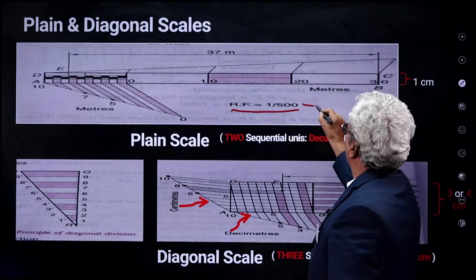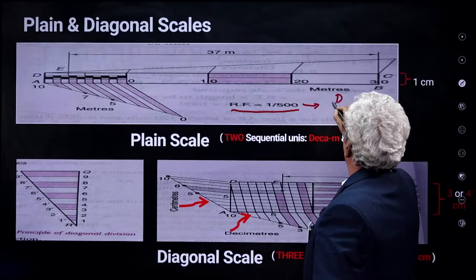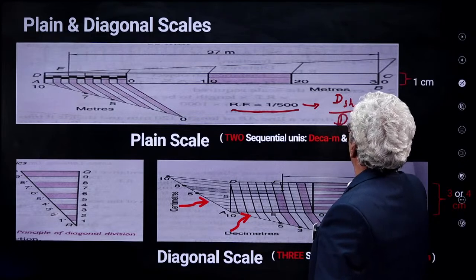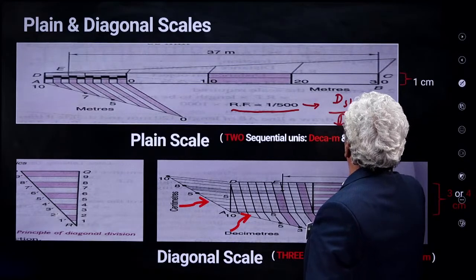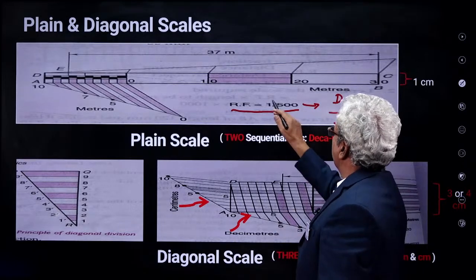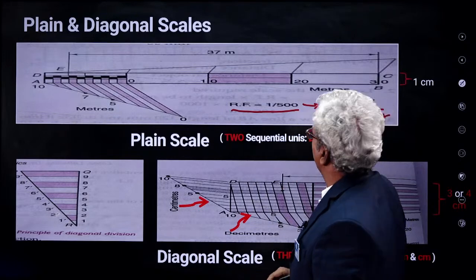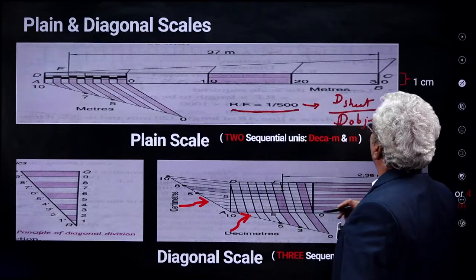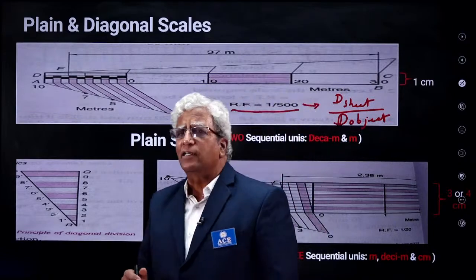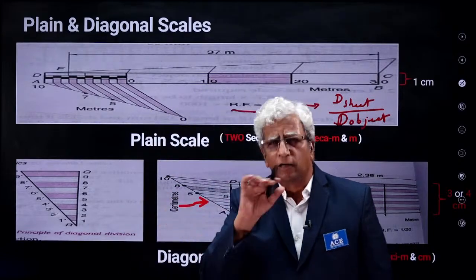So, RF is nothing but distance on the sheet or drawing divided by distance on the object. 1/500 here it is given. So, that ratio, will it be always less than 1? No. It all depends.